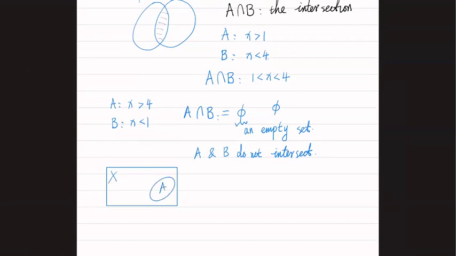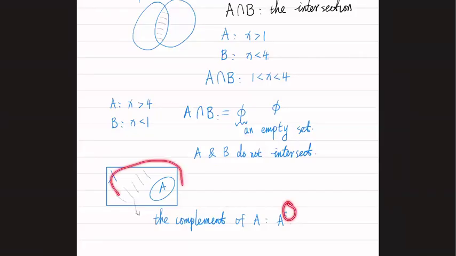I call it A. Then the complement is what's left, what's outside of A. So for the complement, we pick this C to indicate it. I put C on the shoulder to indicate it's the complement of A.